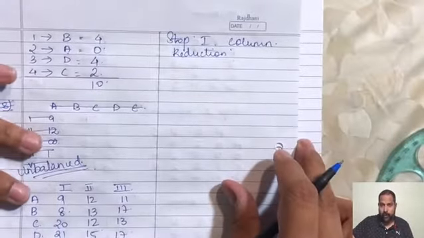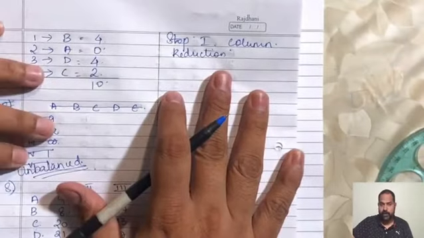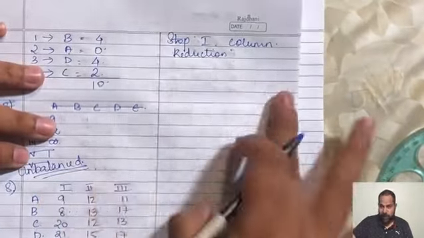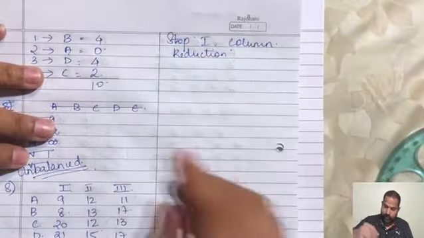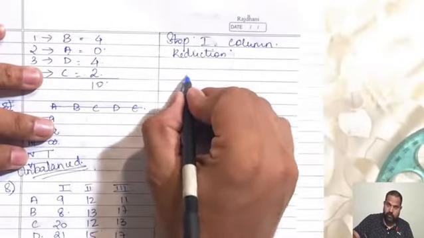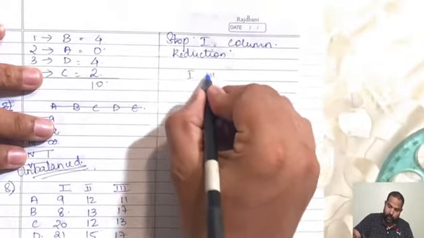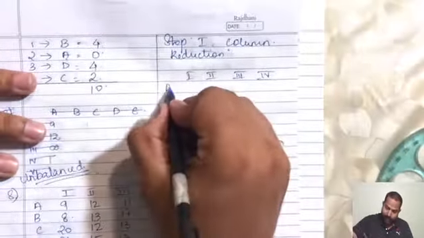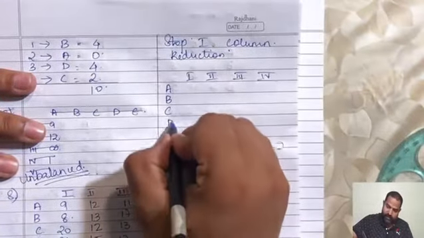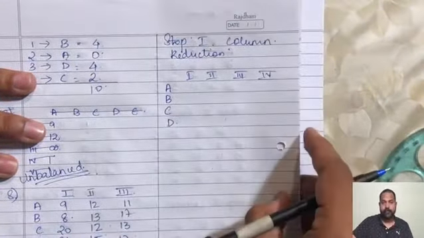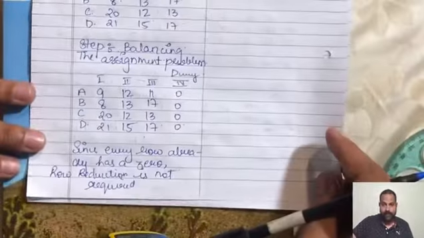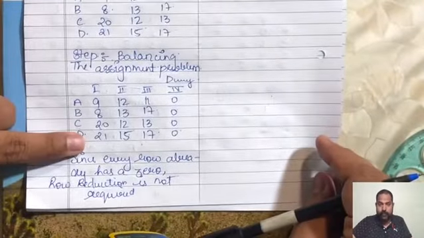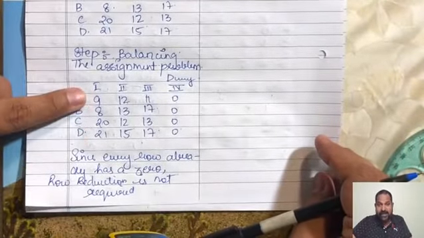When I start doing column reduction, again, first I will write down the A, B, C, D and 1, 2, 3, 4. So this is going to be horizontally 1, 2, 3, 4, and A, B, C, D. Let's begin then. Column number 1. Least is 9.